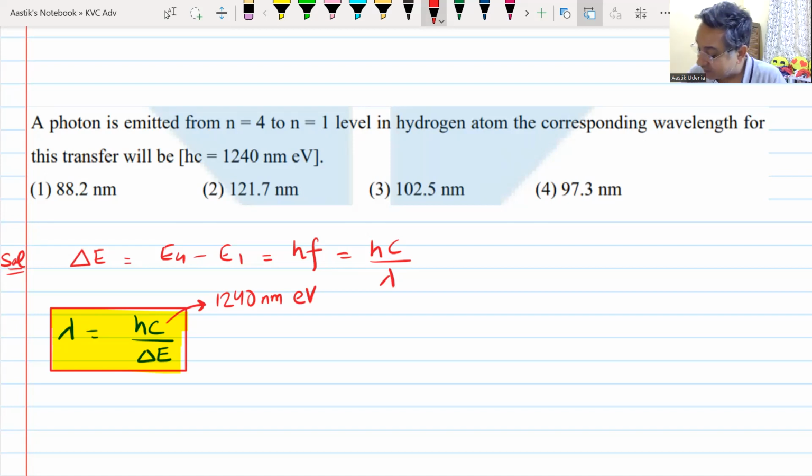So what is the difference in energies between the fourth level and the first level? Yes or no? Do you know that? How much is the difference in energy between the fourth level and the first level of the hydrogen atom?